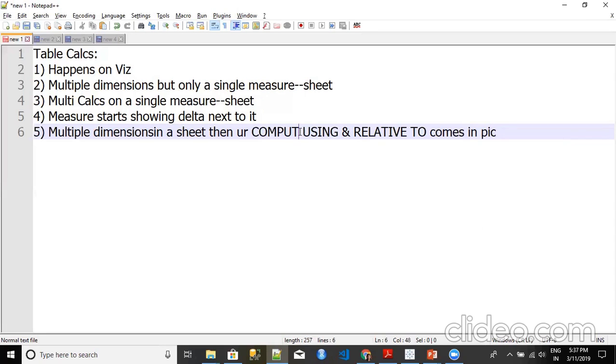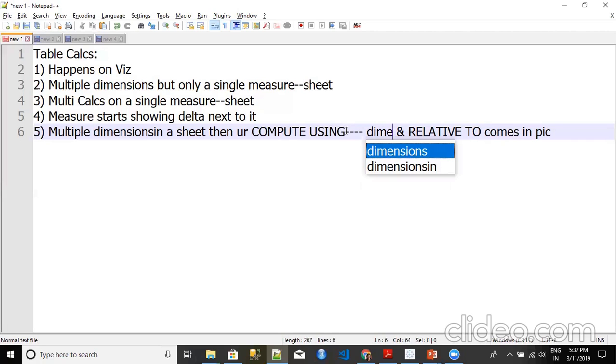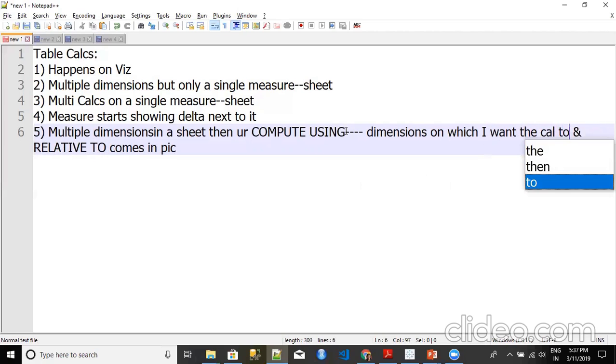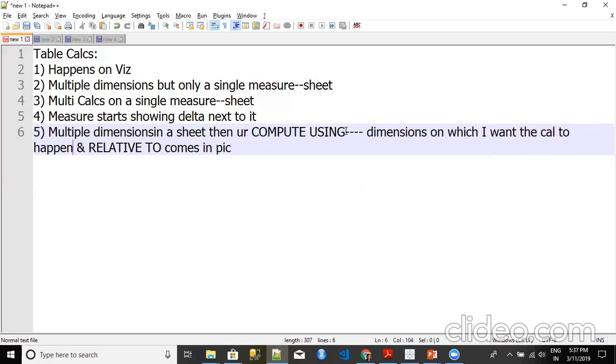So this is E here. Compute using is nothing but a dimension on which I want the calculation to happen.